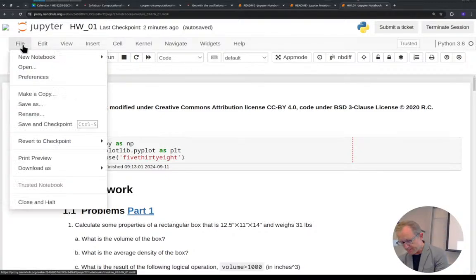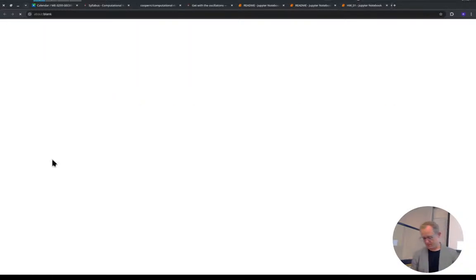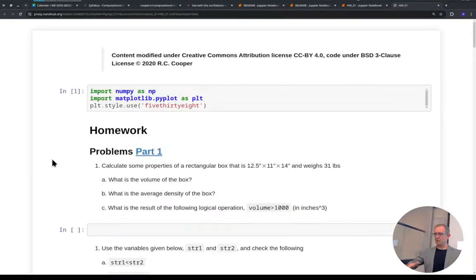So click on File and then create a print preview. Don't click that download as button, because that usually results in a LaTeX 500 error. So just create a print preview, and then from there it gives you a nice static website of whatever the current state of your code is.